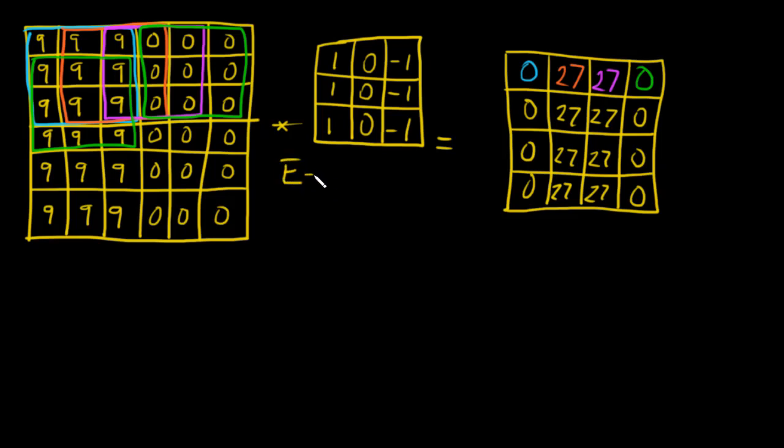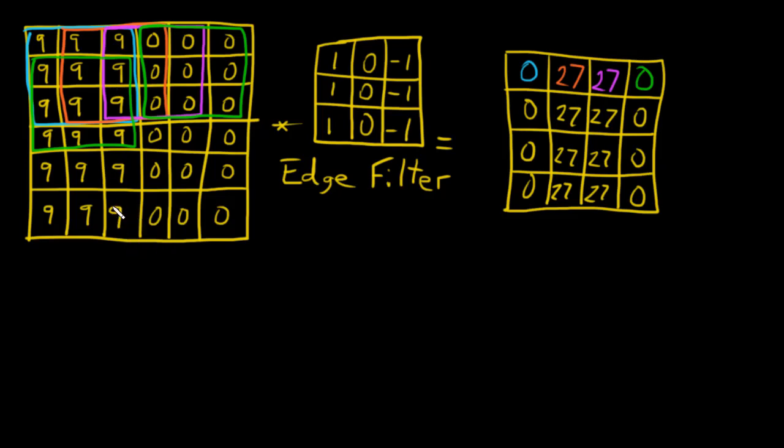This is an edge filter, and what it does is it detects when there is a vertical edge, a vertical transition from one high intensity to another large intensity. In other words, from white to black.